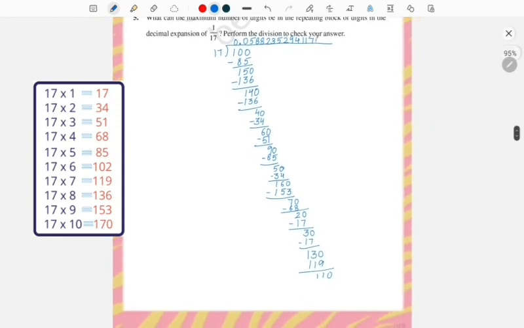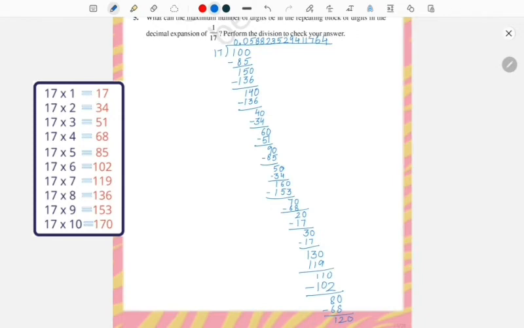Moving on, 17 sixes are 102. The remainder would be 8, which becomes 80. 17 fours are again 68. Subtracting it, I'll get 12, which becomes 120.